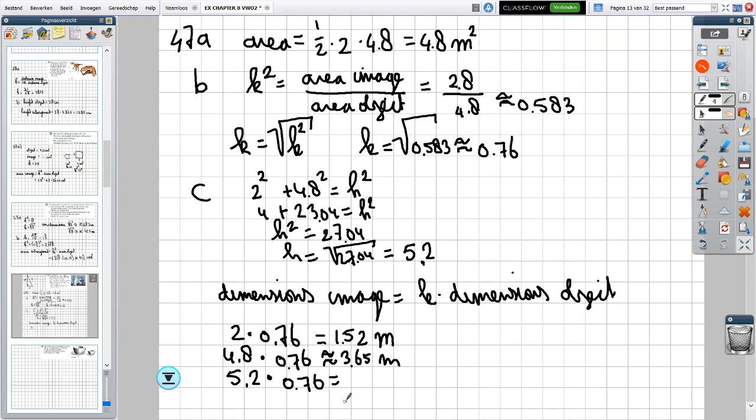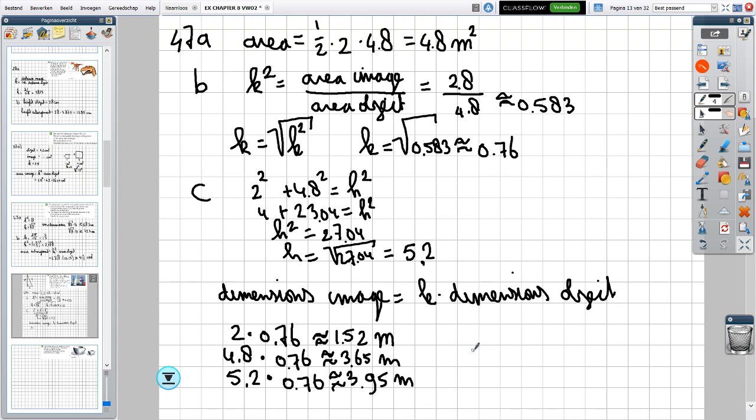Then 5.2 times 0.76 is around 3.95. This one is 1.52, which is not approximate, but I've rounded the others off, so they are not going to be exact. So I just use approximately at all 3 of them.